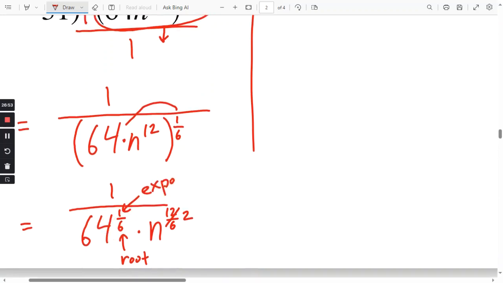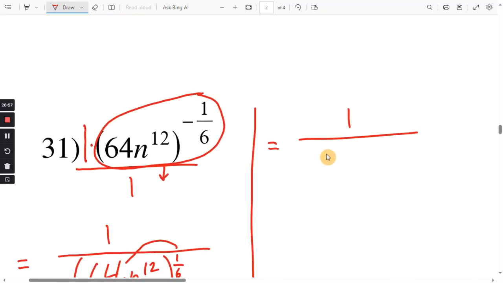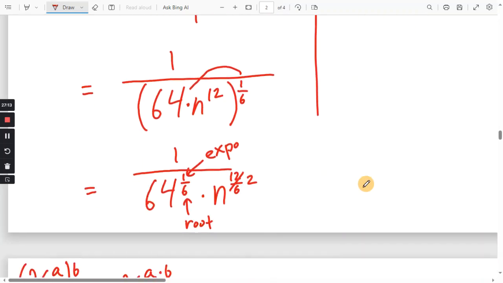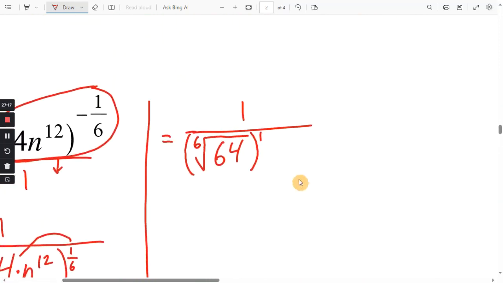We have a 1 in the numerator, the 64 is in the denominator, and it's going to be the 6th root of 64. That is raised to the power of 1, but really the 1 does nothing. We also have n squared in the denominator, so this is times n squared.